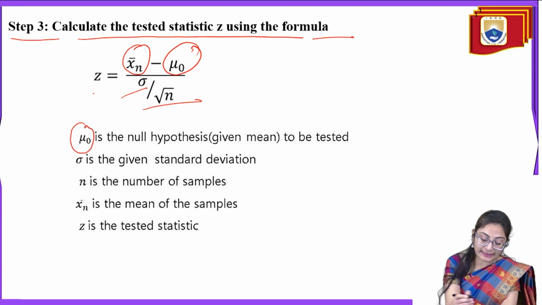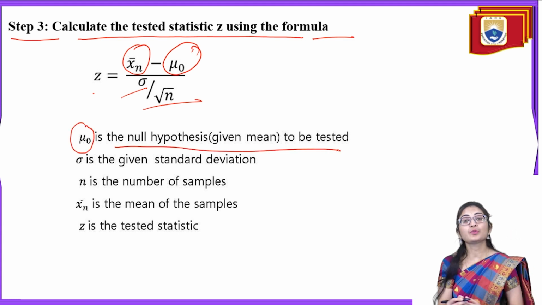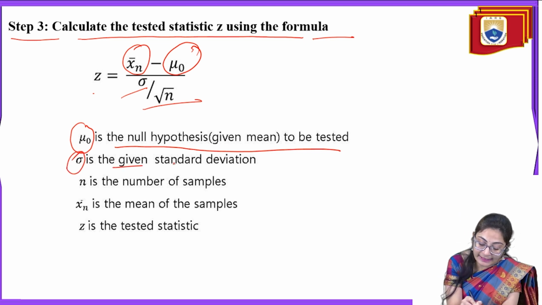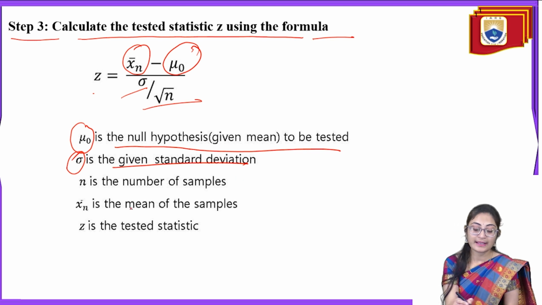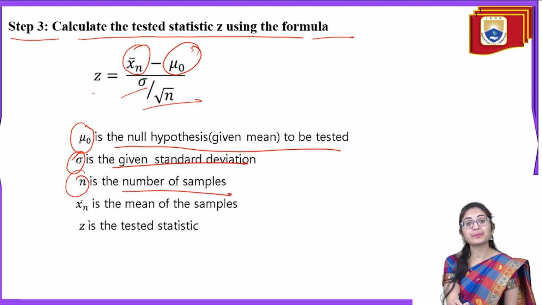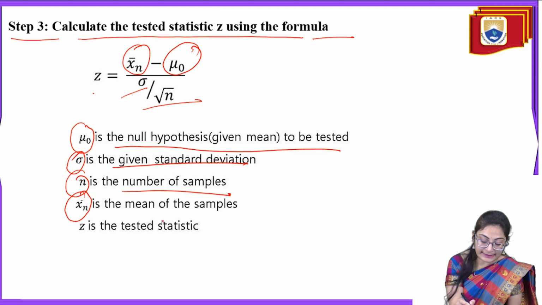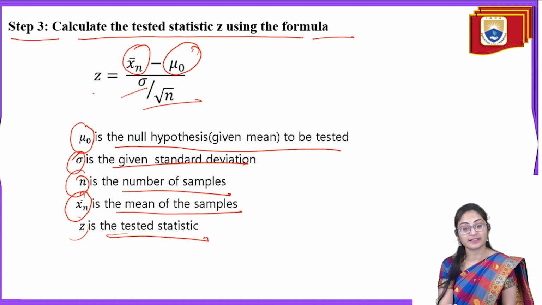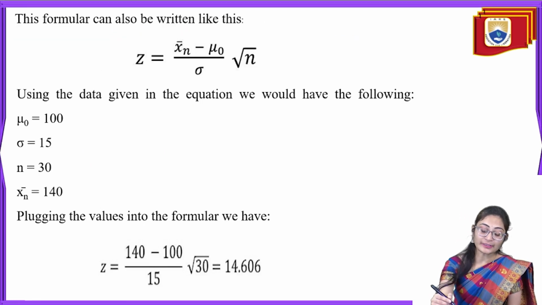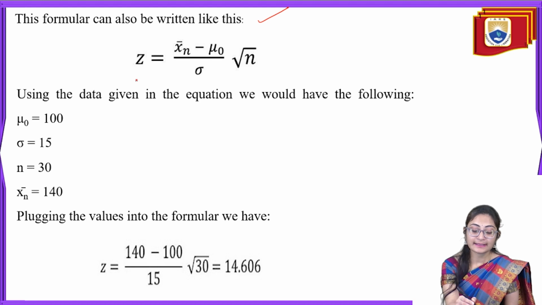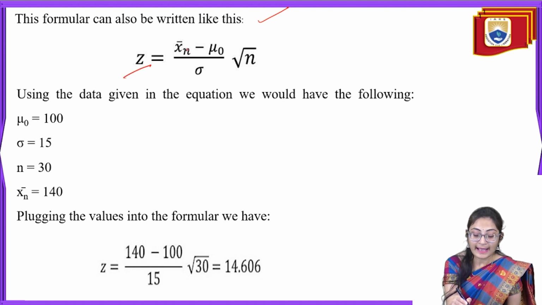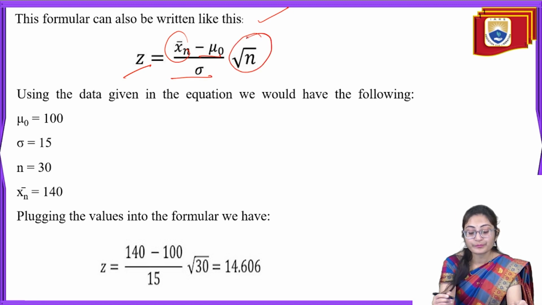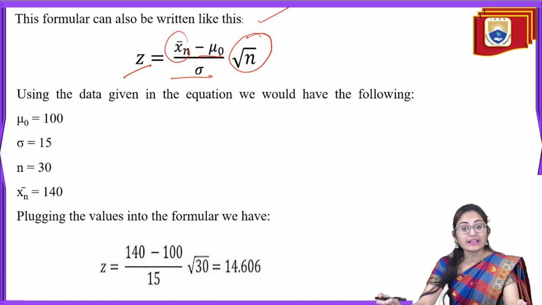Here mu naught is the null hypothesis mean to be tested, sigma is the given standard deviation, n is the number of samples, X bar n is the mean of the sample, and Z is the test statistic.